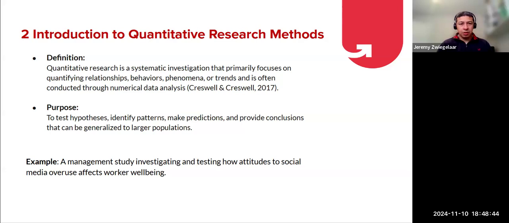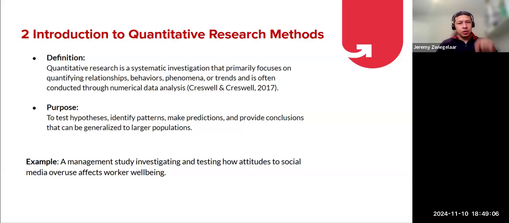So here's an example of a management study that investigates and tests how attitudes to social media overuse affect worker well-being. In this example, what we're looking at is testing the relationship between the attitudes to social media overuse and how it affects worker well-being.